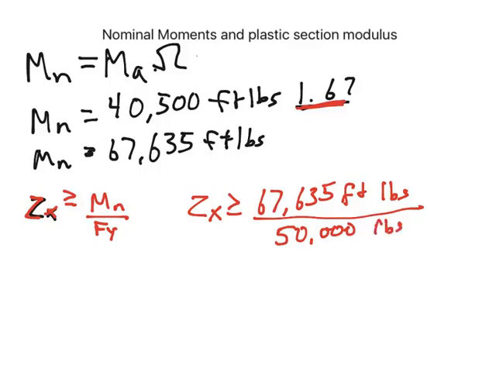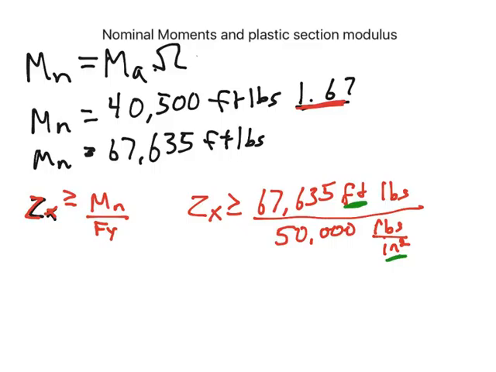So we have a little bit of a unit problem here. I've got feet here and I've got inches squared here, and I don't want it to be foot-inches squared. I want this to be inches cubed for my plastic section modulus.